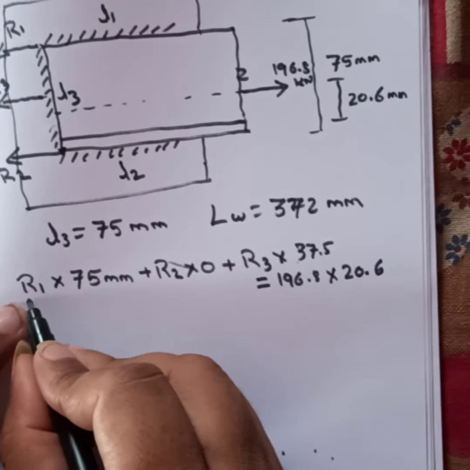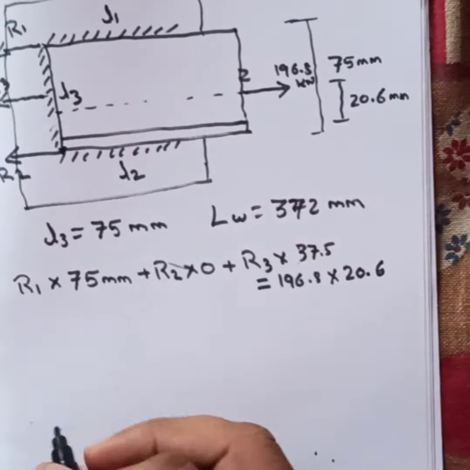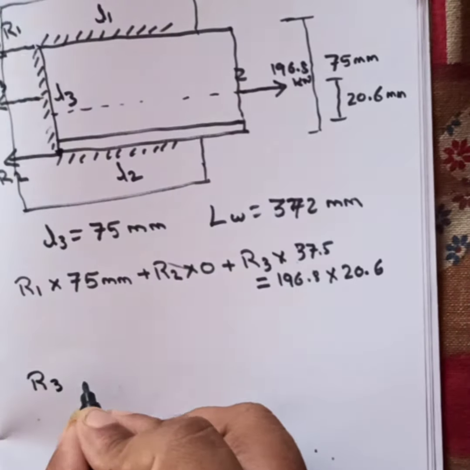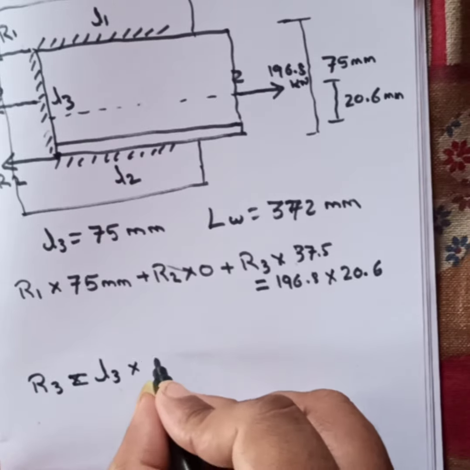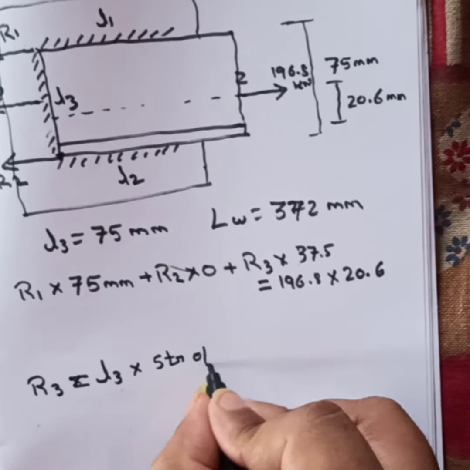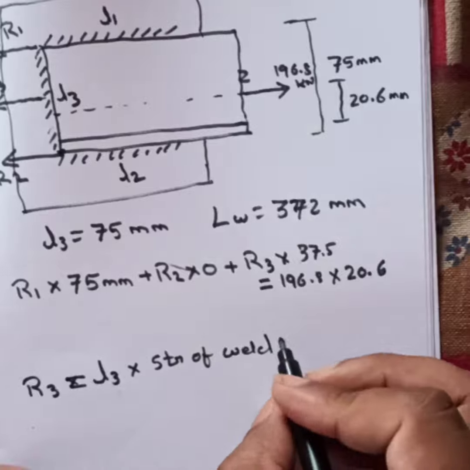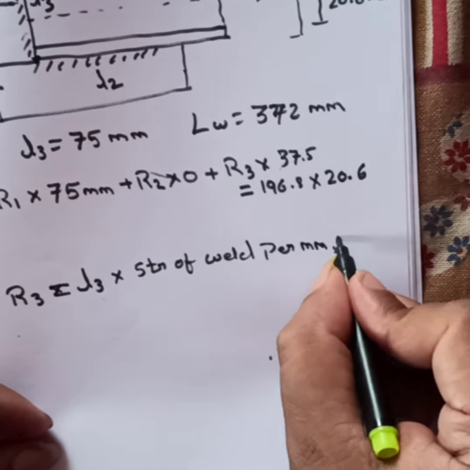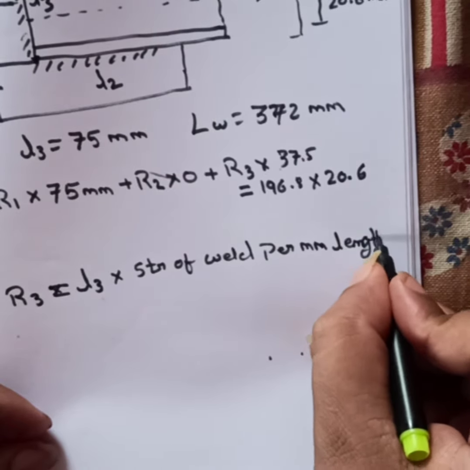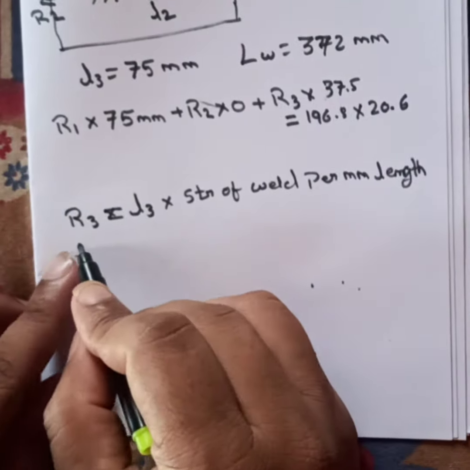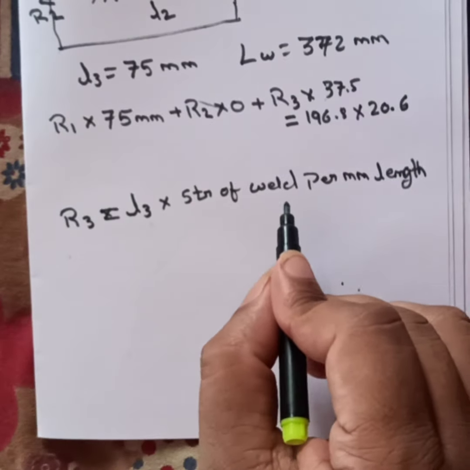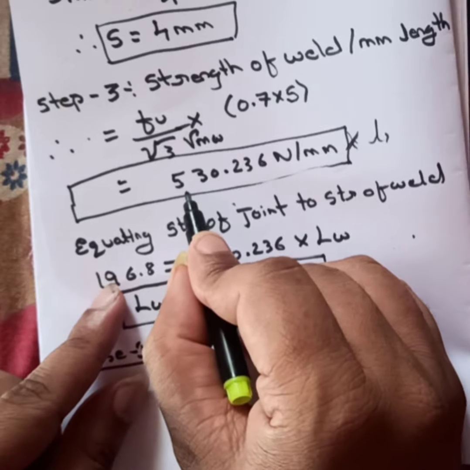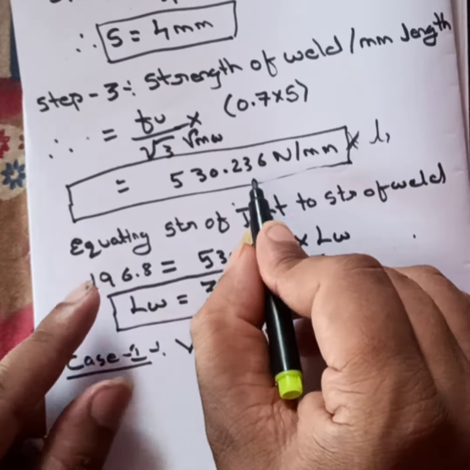There are two unknowns here, R1 and R3, right? So R3 is what? R3 is nothing but L3 into the strength of weld per mm length. We know the strength of the weld per 1 mm length is 530.236.